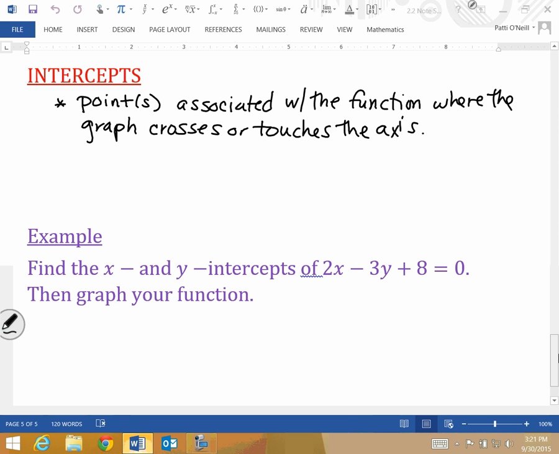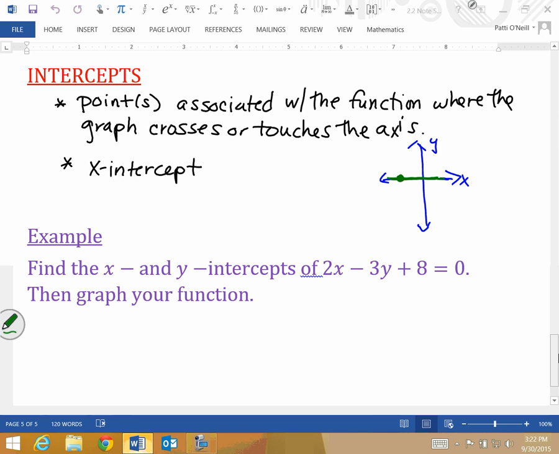We have two types of intercepts. We have an x-intercept. That's where the graph touches or crosses the x-axis. Let me draw you a quick little coordinate plane over here. If this is our x-axis, this is our y-axis, an x-intercept would be any point that touches or crosses along this axis line.